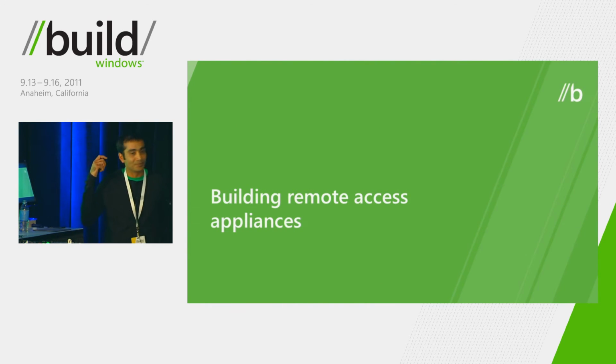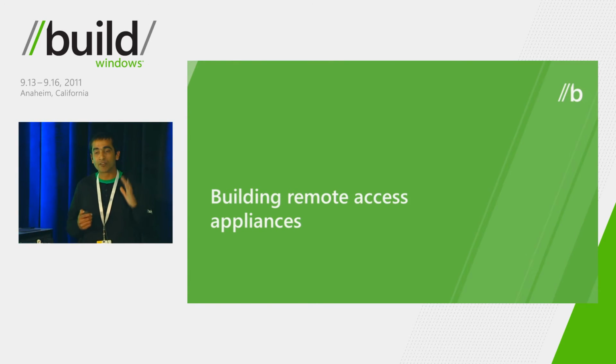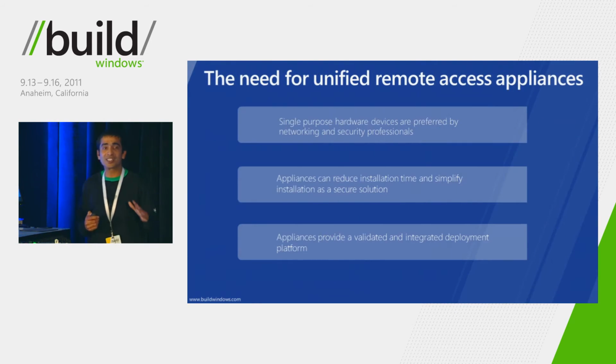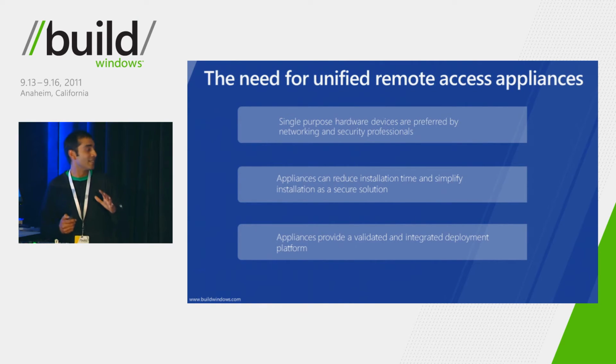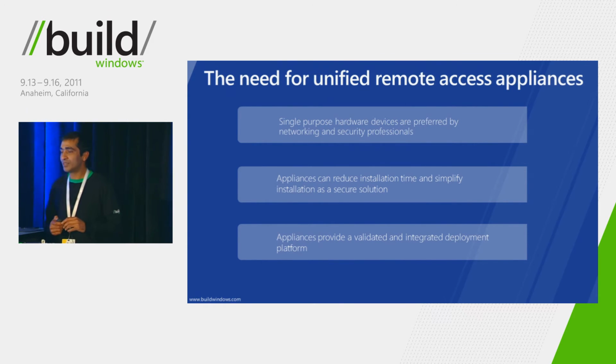OK, so now switching gears, we're going to talk about remote access appliances and the role they play in the Windows Server 8 remote access solution space. First, let's talk about what is the need for remote access appliances from the point of view of an enterprise customer.